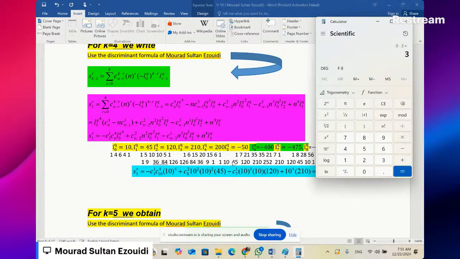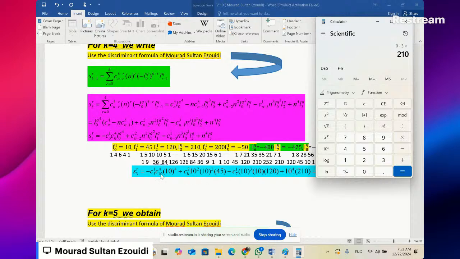This is 10 choose 1, 10 choose 2, 10 choose 3, 10 choose 4, meaning multiplied by 210. You see 10 raised to the power 4 here, and 10 squared by 10 squared is 10 raised to the power 4. Then 10 cubed by 10 is 10 raised to the power 4. So it's a common factor, no need to write it now. If the answer is different to 0, multiply and use it. If not, no need, because any number multiplied by 0 is 0.